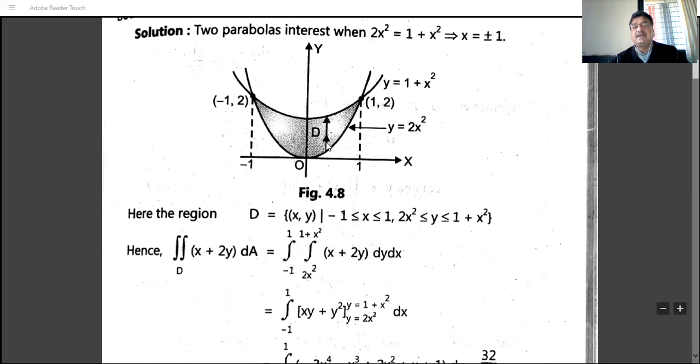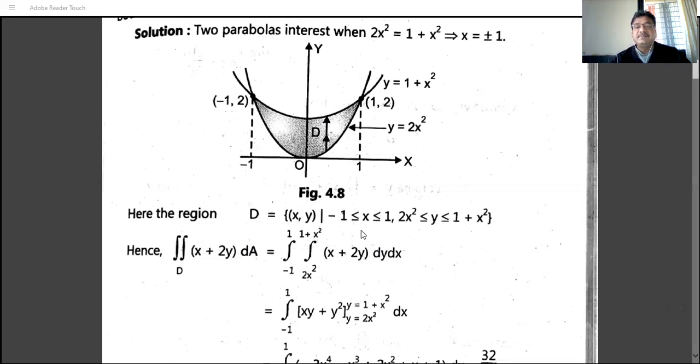Suppose this is the strip parallel to the y-axis. So write this x plus 2y, that is the integrand, as it is. dA means dy dx. So why dy dx? First write dy, because we have to integrate with respect to y first. If you have to integrate with respect to x first, then write dx first, then write dy.